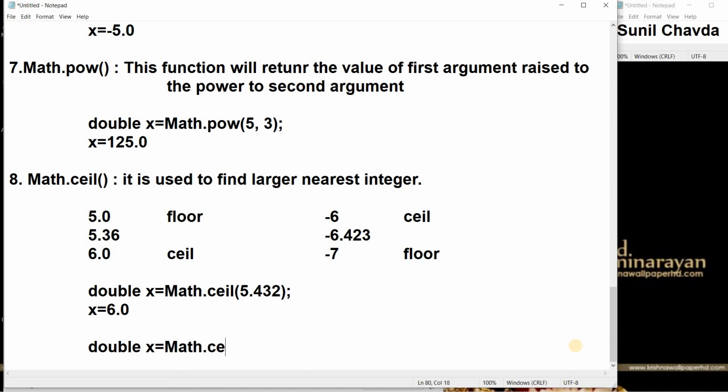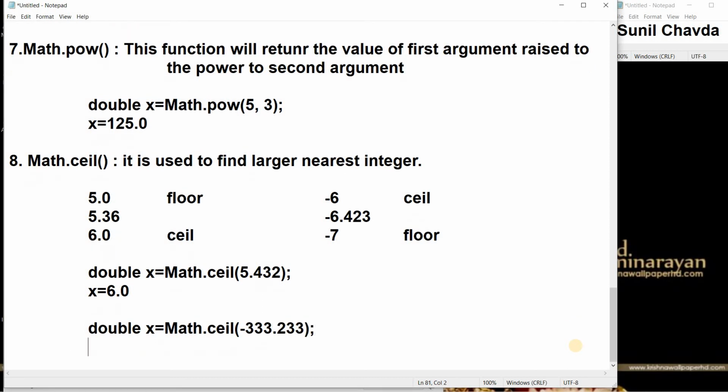Double x is equals to Math.ceil of minus 333.233. Minus 333.233 is coming between minus 333 and minus 334, out of which minus 333 is larger. So the answer will be x is equals to minus 333.0.